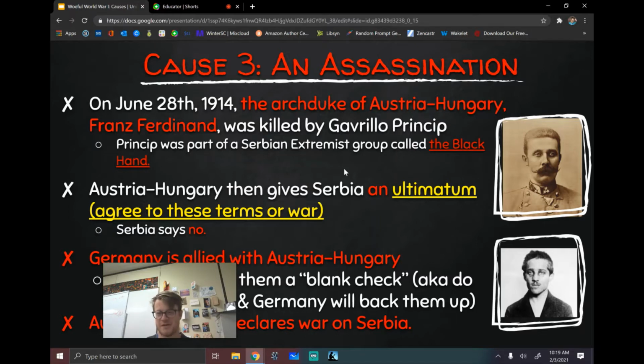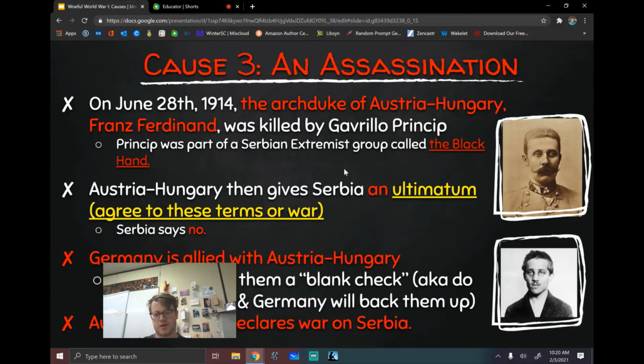You can imagine it's Austria and Hungary smashed together. He is going to get assassinated by the man just below him, Gavrilo Princip. You don't need to know him. Just know that he is part of a Serbian extremist group called the Black Hand.